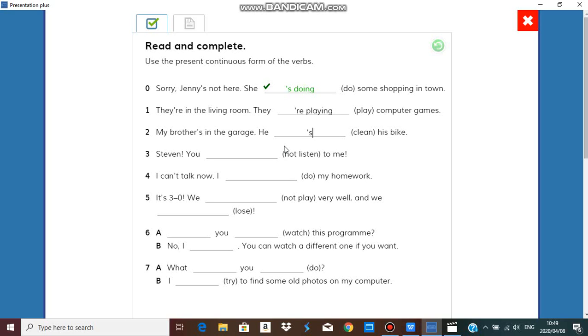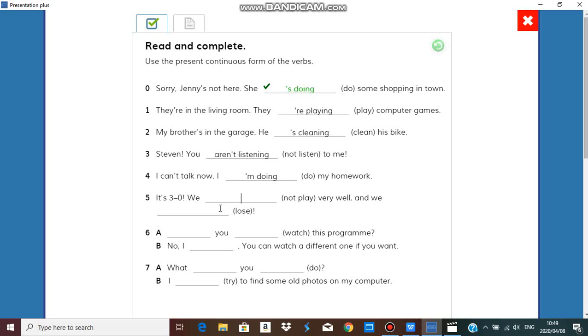He's cleaning. Steven, this is negative. So you aren't listening to me. You aren't listening to me. I can't talk now. I'm doing my homework.